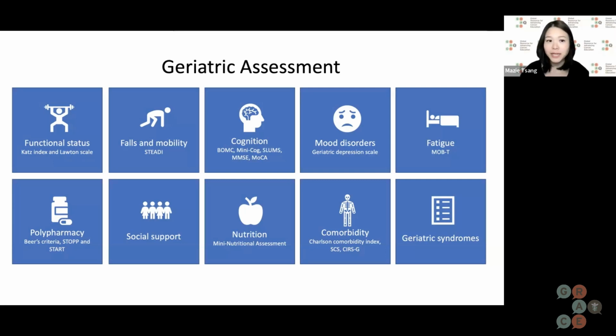So the first domain I would like to discuss is the functional status. This is basically assessing how physically fit you are to be able to conduct your daily activities. That includes brushing your teeth, putting on your clothes, dressing yourself, taking a bath, managing your medications, and going to the store to shop for groceries.